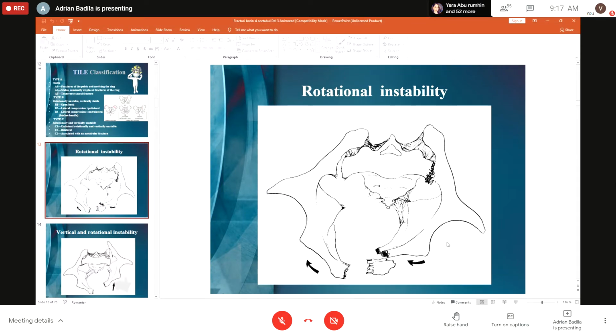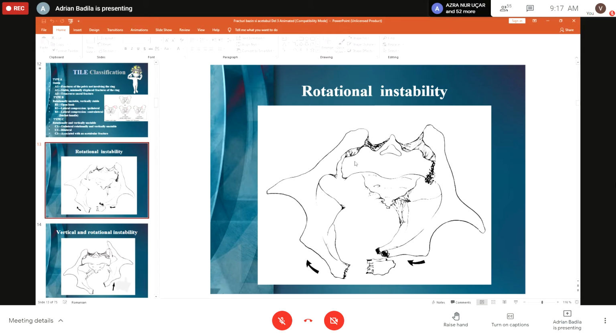We have a fracture of the ilio-pubic rami and also a fracture of the ischio-pubic rami. In the back, we have this fracture at the level of the sacral wing.